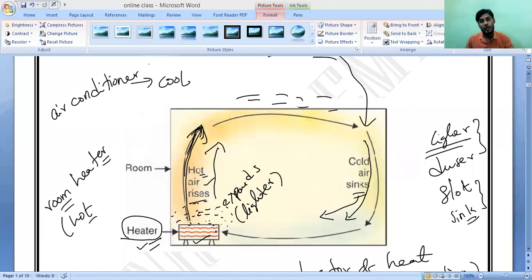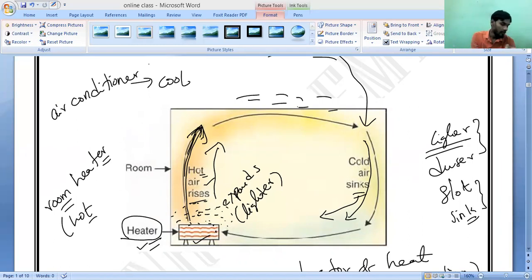Because the complete room is getting uniform temperature. Further, there is no convection because throughout the room the air has a single temperature. If the complete room has equal temperature, there is no convection.